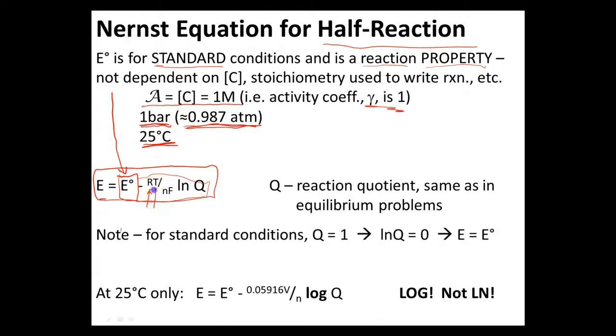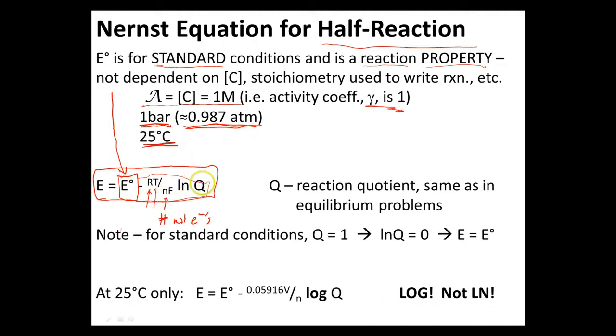We're going to have our temperature present in that as well. We're going to have the number of moles of electrons. Let me emphasize that: number of moles of electrons. And we're going to have the Faraday constant, because we need to do something to convert from moles into voltage. And that's what the Faraday constant is going to do.